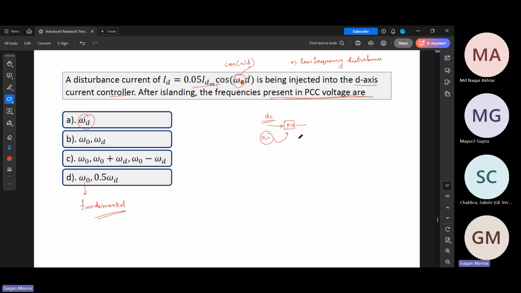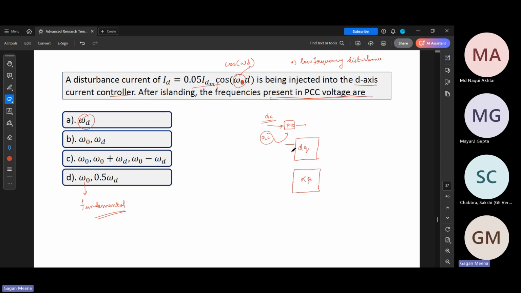For that there is one frame of reference which we call DQ. There are two actually: one is DQ, one is what we call the alpha beta frame. We will see that in future.